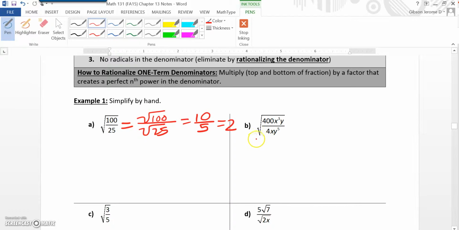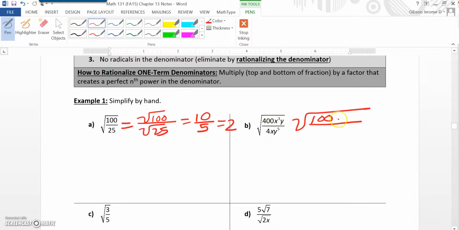Now we come here to B. Now, what we could do is this here. We can actually do what we just did here. We could take the square root of, you know what, before we do that, let's simplify. Let's try simplifying first here. 400 divided by 4 we know would give us 100 in our numerator.